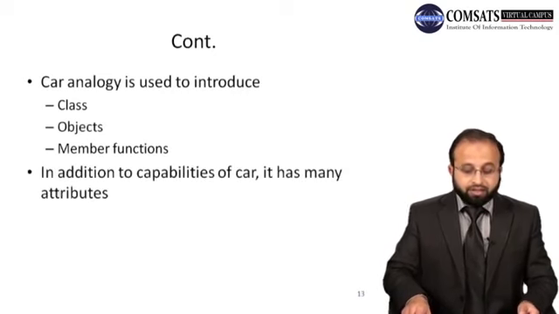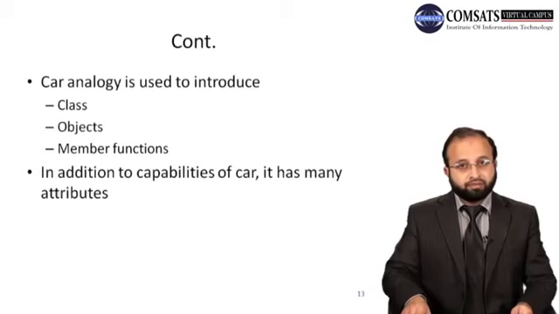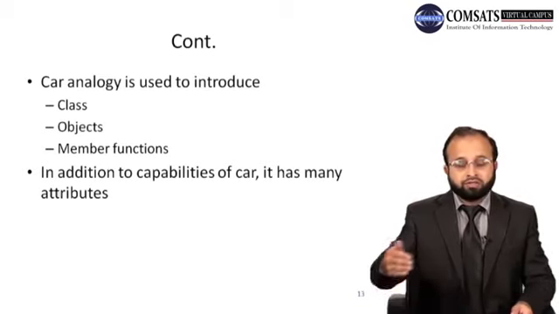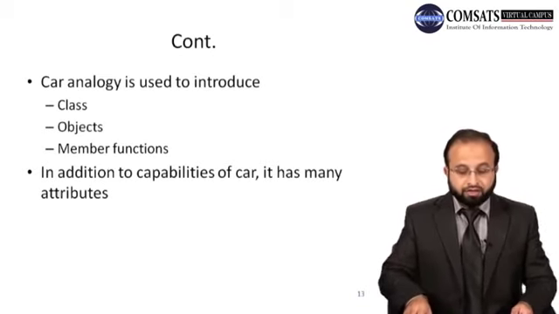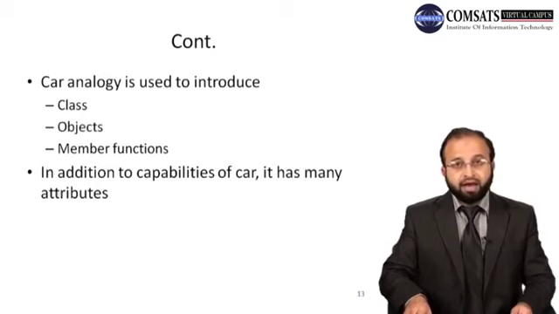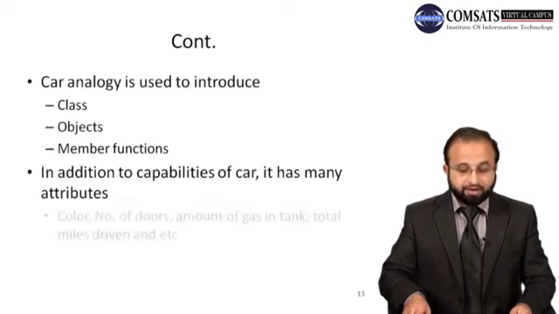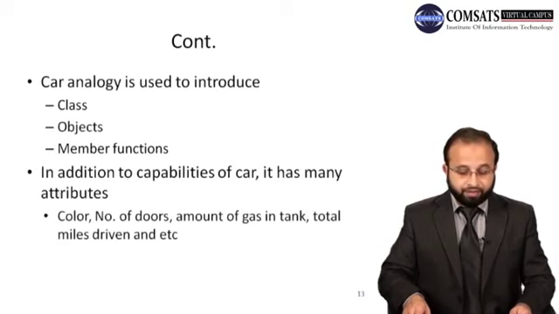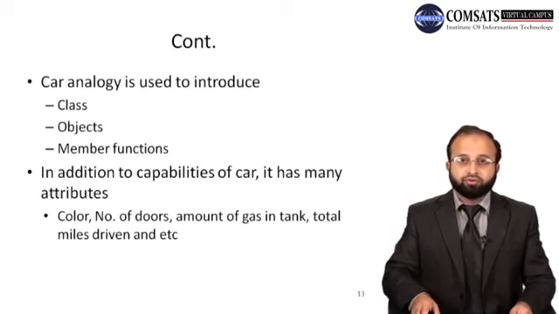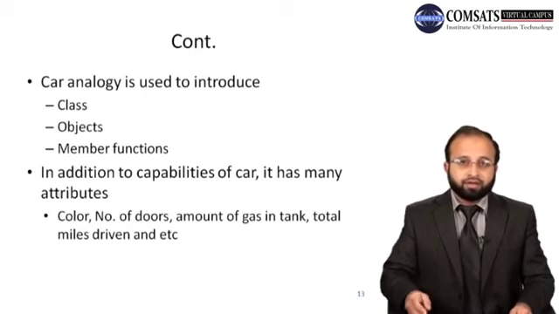We can say these are the capabilities of the car. So a car is capable of doing these things. In addition to the capabilities, it has many attributes, or we can say many fields, many properties. These attributes are color, number of doors, amount of gas in the tank, total miles driven, and so on. There are a lot of attributes you can count on your fingers for any car, right?